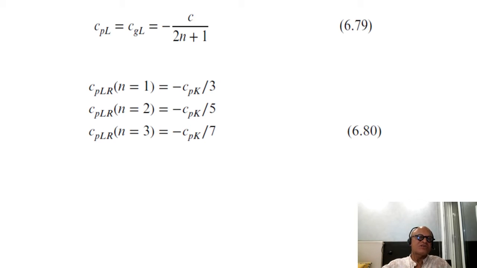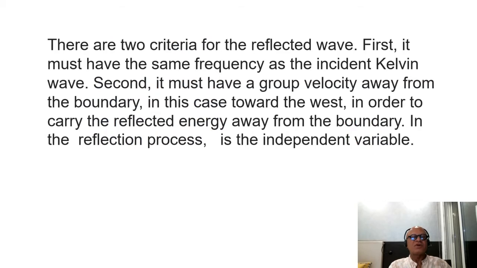And the reflections at the eastern boundary are produced based on the frequency of the Kelvin wave, either coastal Kelvin waves or eastward Rossby waves, or both. So the energy gets split into westward Rossby waves and coastal Kelvin waves. Okay, so there are 2 criteria that we looked for the reflected waves.